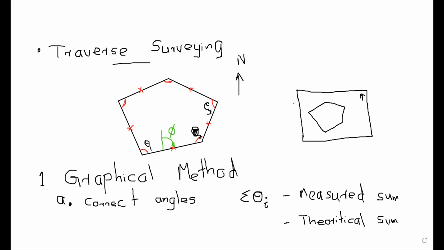If you have a polygon with n nodes, the theoretical sum, or the standard value, should be n minus 2 into 180 degrees.